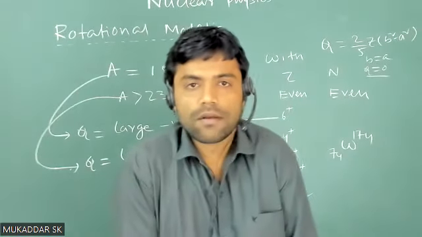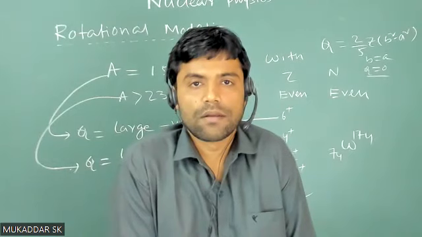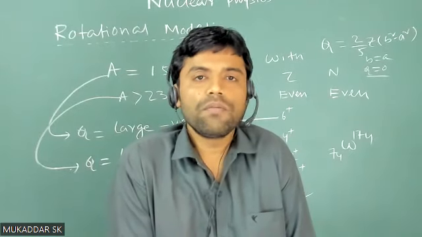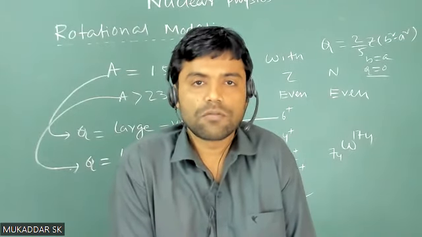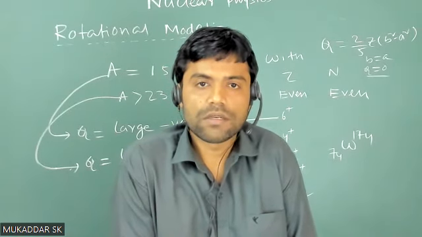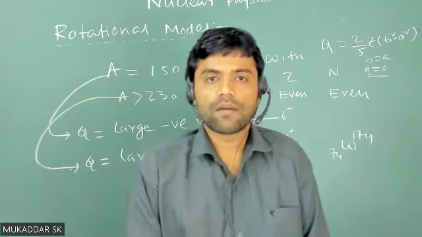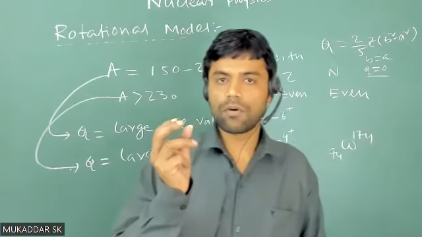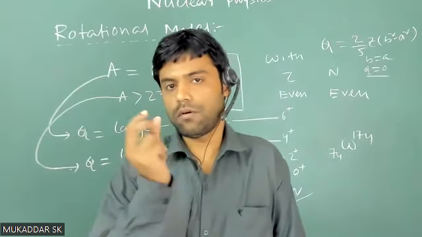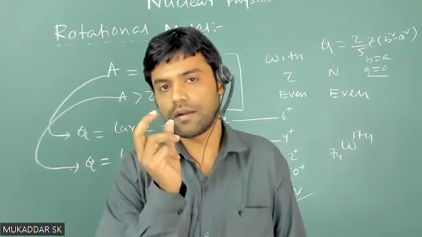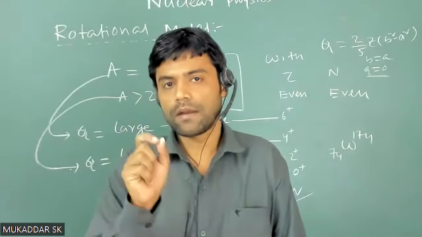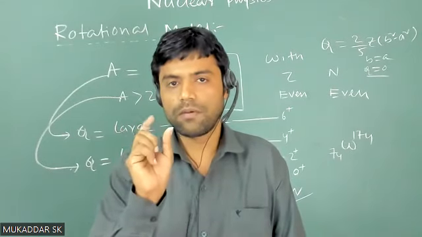Then Bohr said that this deformed shape is a consequence of rotation of such nuclei. Right? Suppose you take a liquid drop, a spherical liquid drop, and you rotate it.